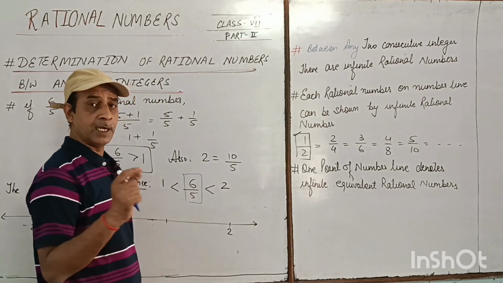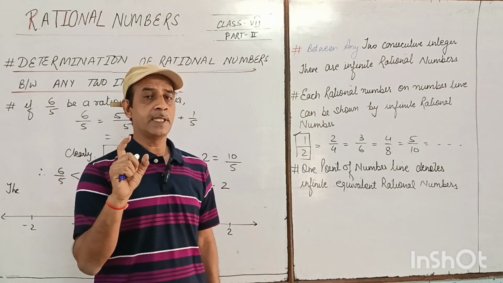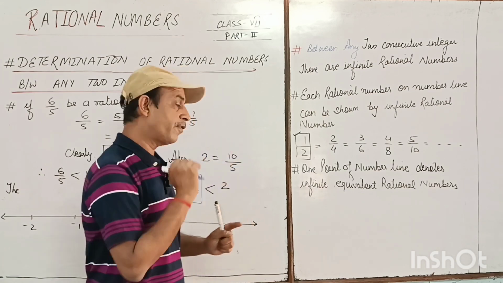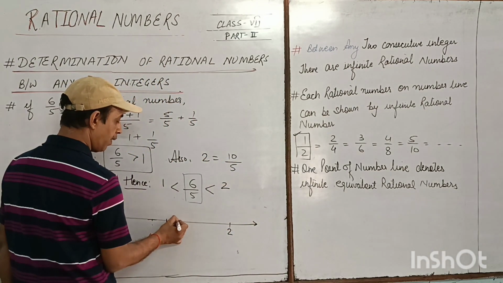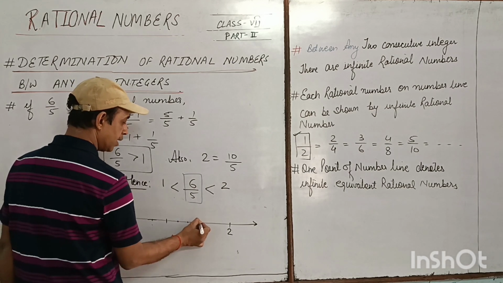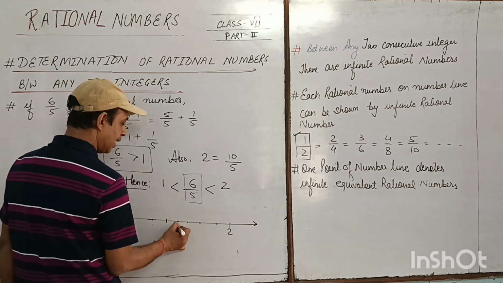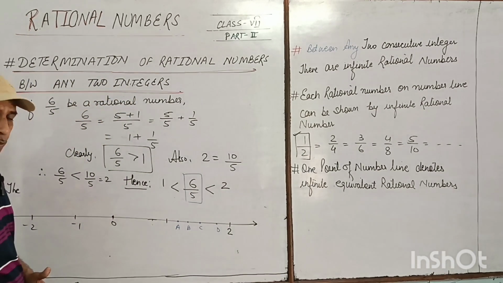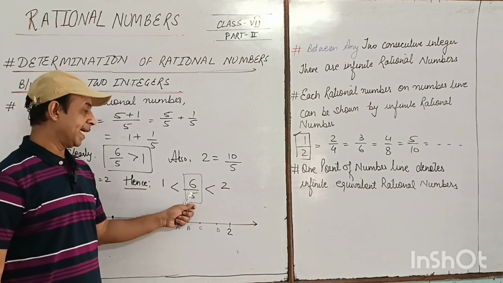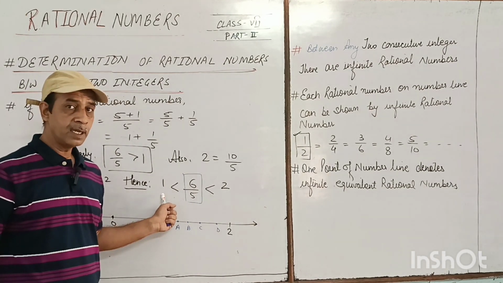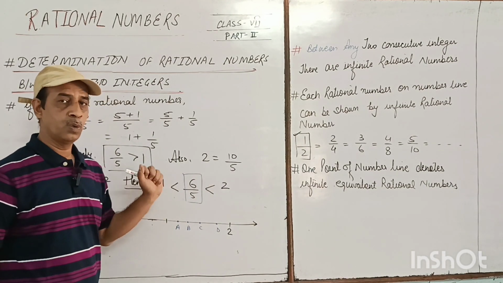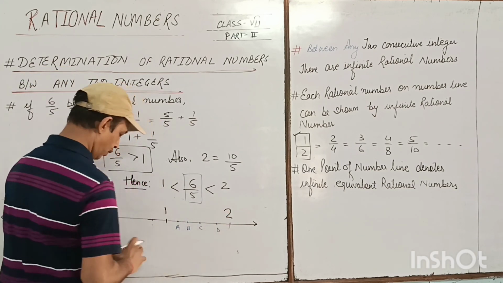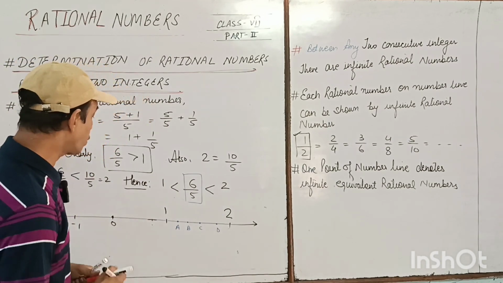You know very well, if the denominator is 5, each consecutive pair of integers will be divided into 5 parts. Dividing into 5 parts, we mark the points as A, B, C, D. So 6 upon 5 is greater than 1 and less than 2. This is 1 and this is 2.